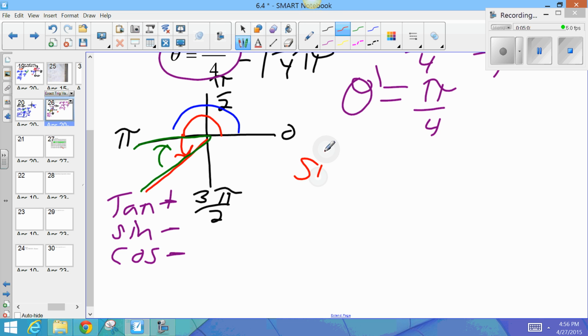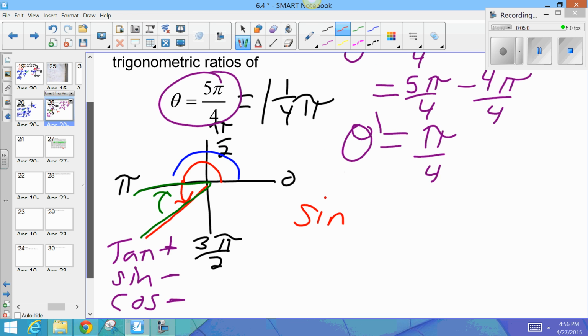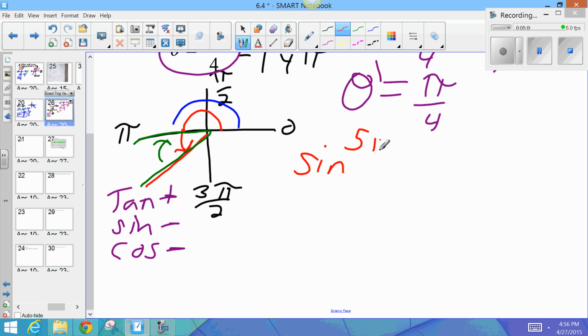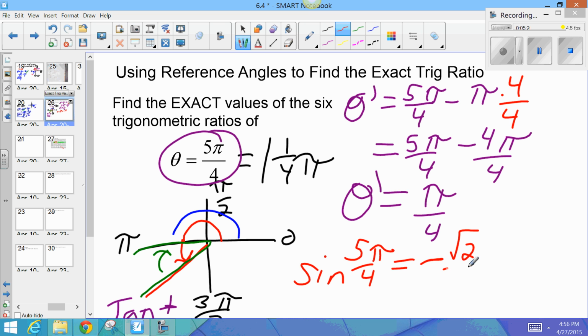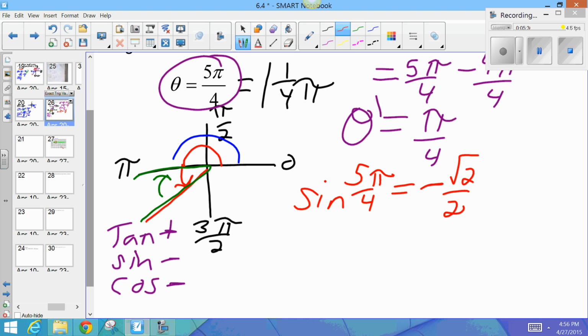So here I go. Sine of 5 pi over 4. Sine is negative in quadrant 3, so the answer will be negative, and the sine is square root of 2 over 2. Shall I do the reciprocal while I'm right here?